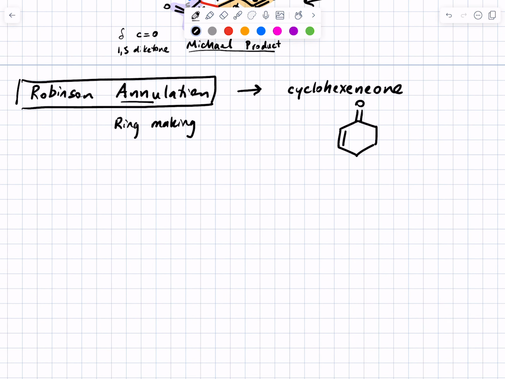All right. In reality, though, this reaction is just 2 steps, or just 2 reactions tied together that you've seen before. So the first is a Michael reaction, and it is immediately followed by an intramolecular aldol.